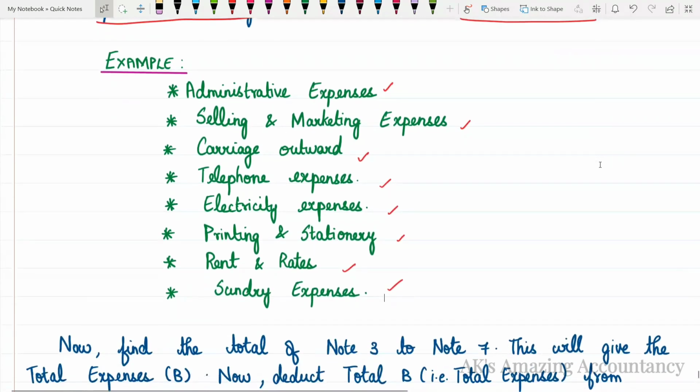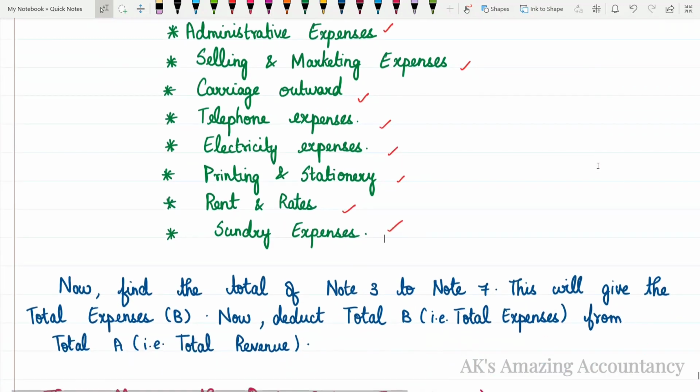Okay. So now you have to find the total of note 3 to note 7. Okay, from note 3 to note 7, you had a list of expenses, isn't it? So you have to find out the total of notes 3 to note 7: 3 plus 4 plus 5 plus 6 plus 7. Add all these amounts together and this will give the total expenses.